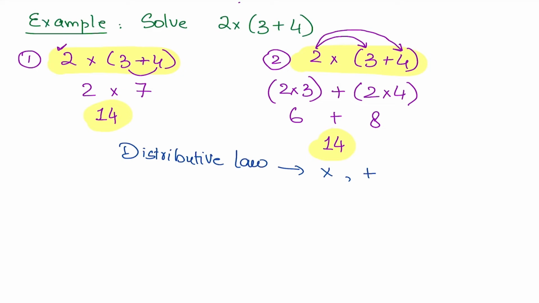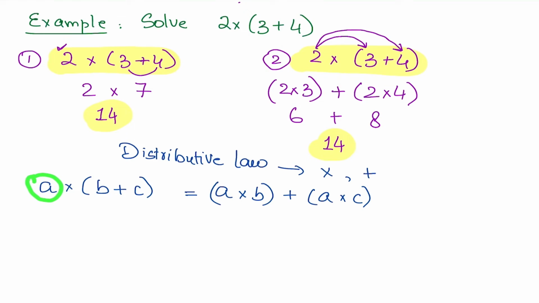You can write it in general form as: if we have a number A, then we can multiply it with the sum of the two numbers B and C, which should be equal to A times B plus A times C. The first number times the addition of the second and third number is equal to the first number times the second number plus the first number times the third number. This was the distributive law that contained both multiplication and addition.